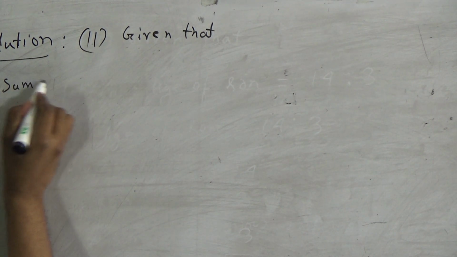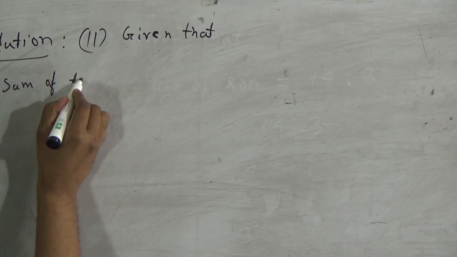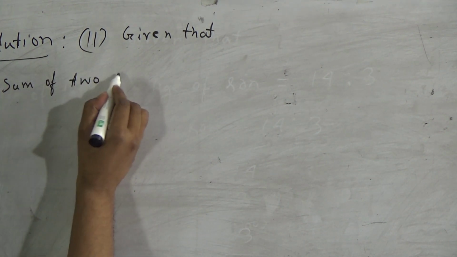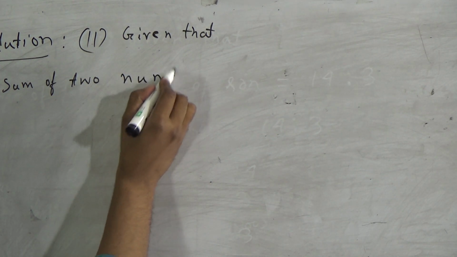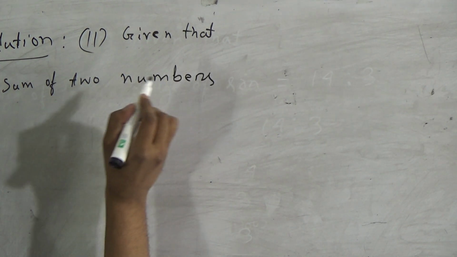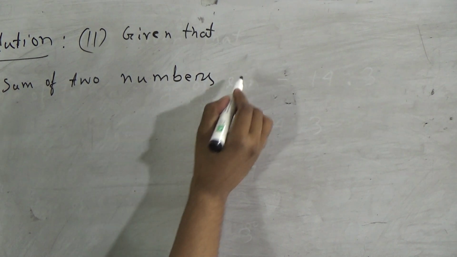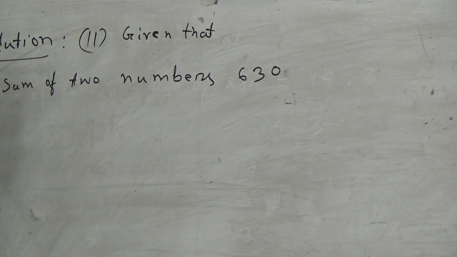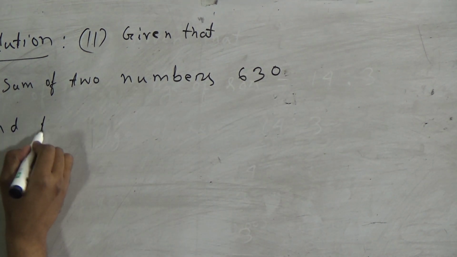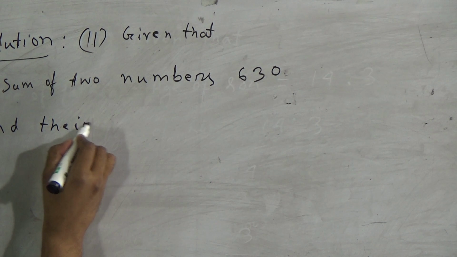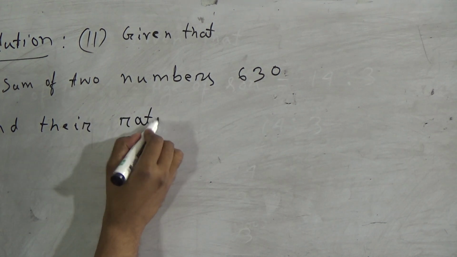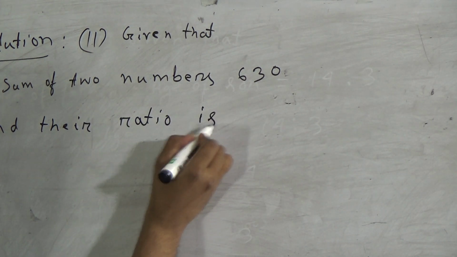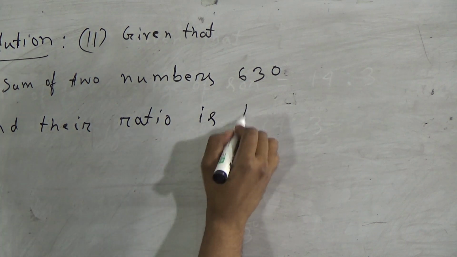sum of two numbers is 630 and their ratio is 10:11.